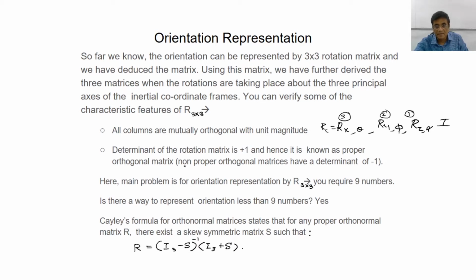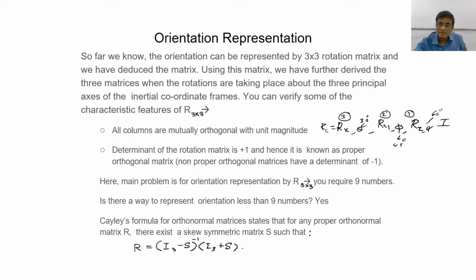This is just the definition. You can verify whether the composite rotation matrix is a proper orthonormal matrix or not by simply assigning some values. Say this is 30 degrees, this is 45 degrees, and this is say 60 degrees. You know the matrices, we have already derived them.